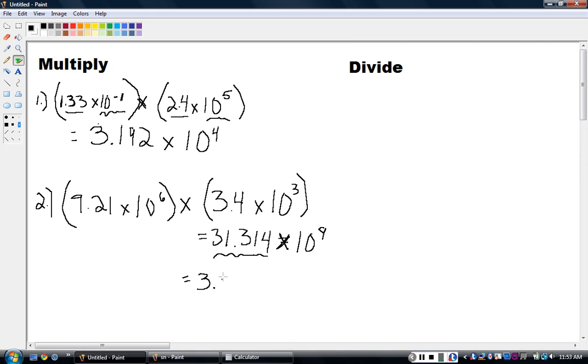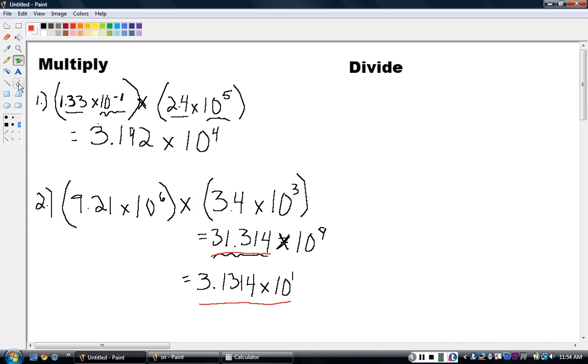So that'd be 3.1314 times 10 to the 1st, right? That's just that one number right there. 31.314 is the same as this number, 3.1314, move the decimal place over 1. That was a number larger than 10, so the power is positive.